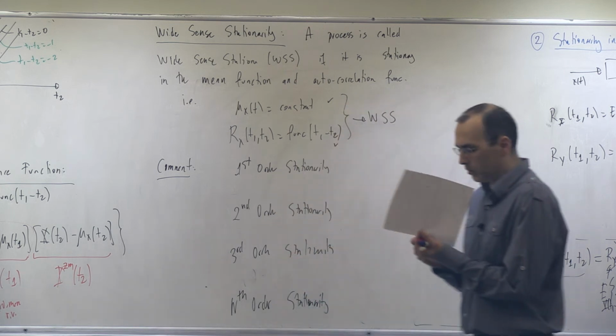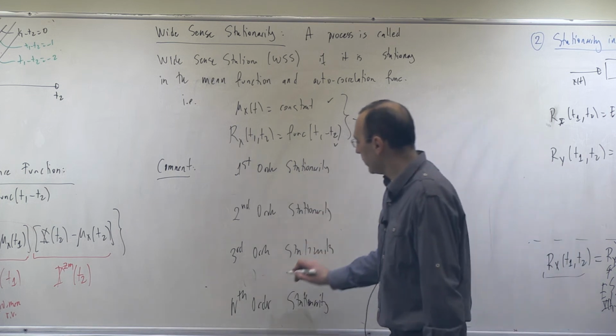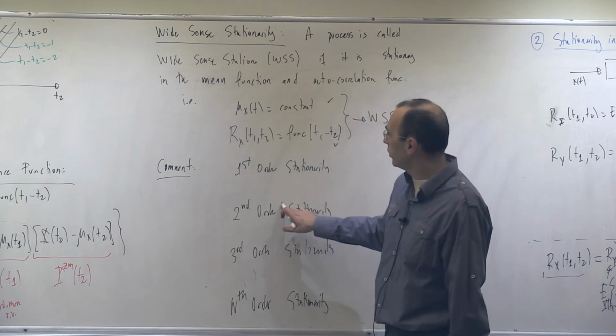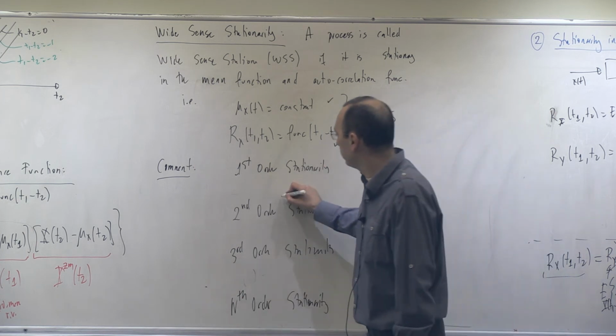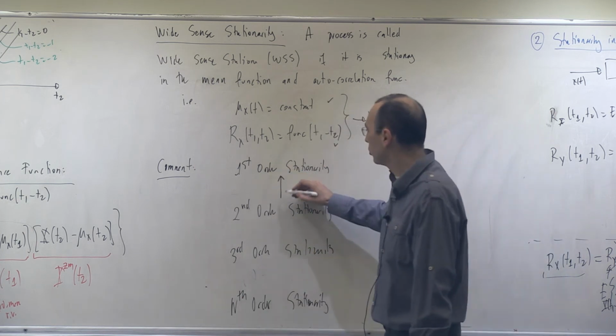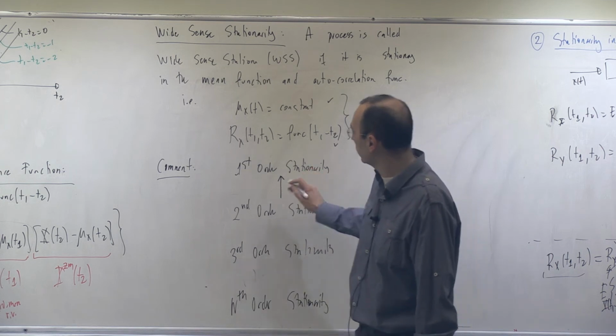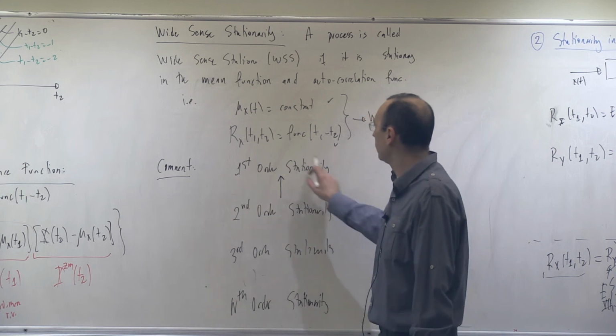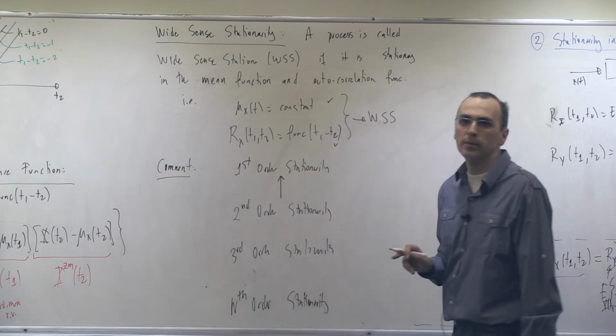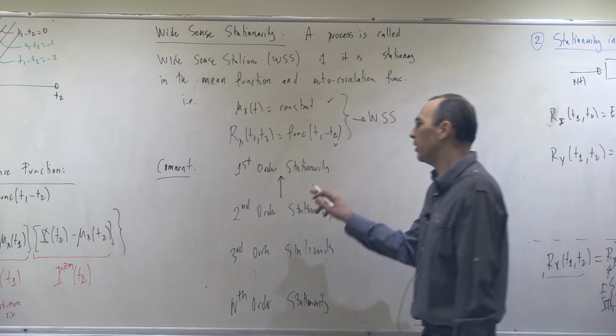Now, if a process is, let's say, second order stationary, do you think it's first order stationary also? We had a comment like that previously. This is a logical deduction: if this is correct, this is also correct. It's a one-way road, not two ways.